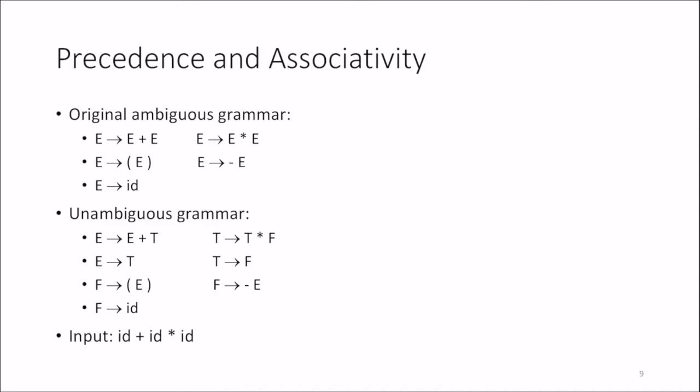If my input is ID plus ID times ID, then I would start off with this. I have to have the plus generated from the E rule, so I get this plus by using the E rule. E goes to E plus T, and then I would get the ID.